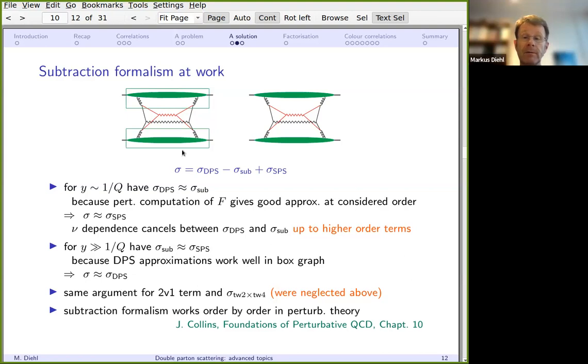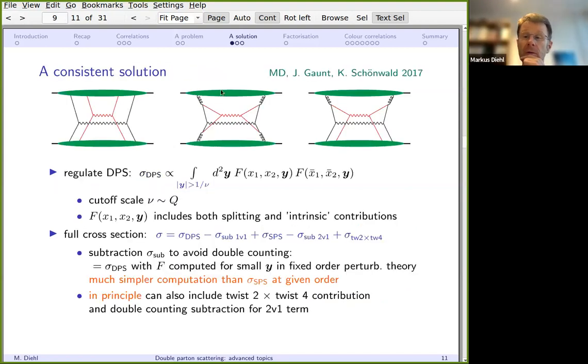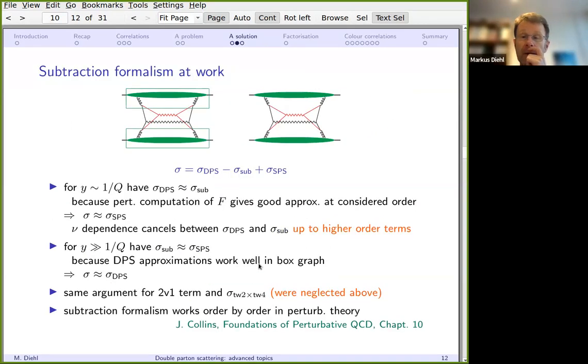And that means if these two things cancel, then the true DPD term is the one that's left over, and that is what you want. And the same argument can be given to this hybrid 2 scattering versus 1 that I mentioned earlier. And it can also be shown on more general grounds that this kind of subtraction construction works not only with the tree-level graphs, but also order by order in perturbation theory if you go to higher orders.